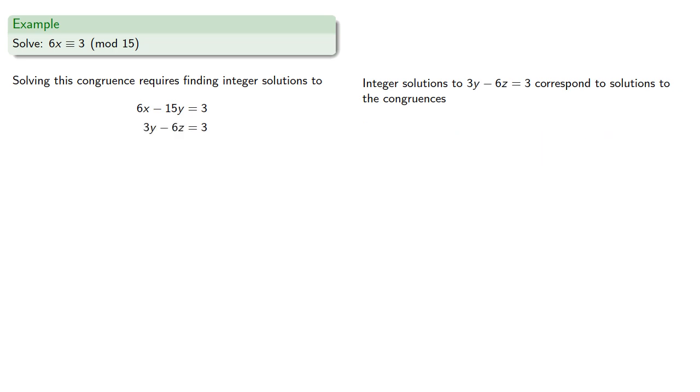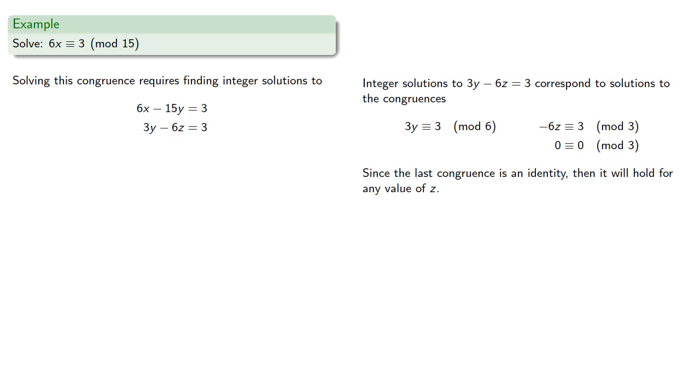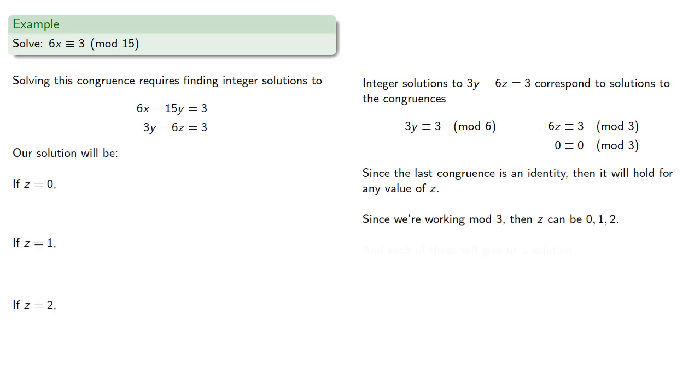Integer solutions to this equation correspond to solutions to the congruences. And again, our second congruence simplifies all the way down to an identity. Since this last congruence is an identity, it will hold for any value of z. Now, since we're working mod 3, z can be 0, 1, or 2, and each of these will give us a solution.